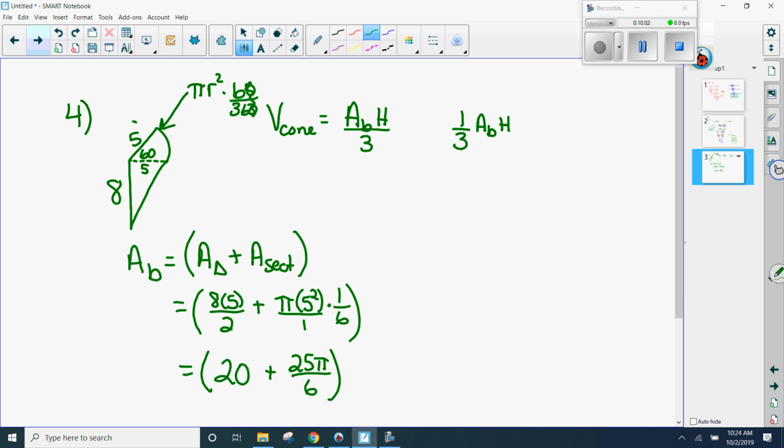So we're going to take area of the base, which is 20 plus 25 pi over 6, and take that times the height, which is what? 10. And then I could say divide by 3, but then I've got fractions within fractions. So what if instead I multiply by 1/3? 1/3 times the area of the base times the height.